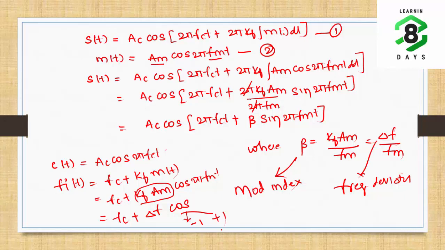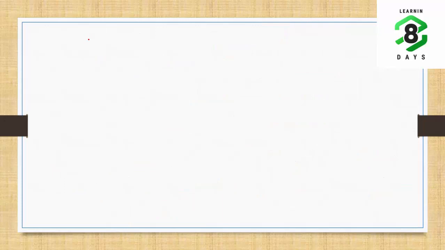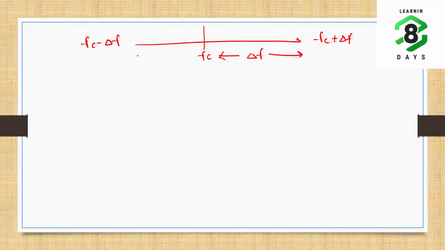The maximum and minimum values of this cos function are plus 1 and minus 1. So the frequency of the FM wave will vary from f_c minus Δf to f_c plus Δf. If the frequency of the unmodulated carrier is f_c, then this frequency is going to f_c plus Δf or f_c minus Δf.